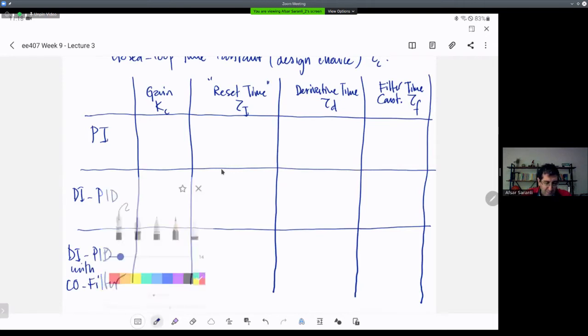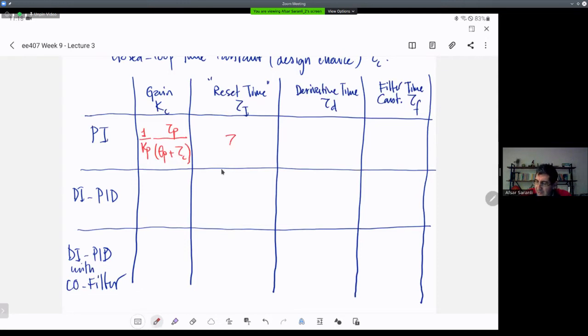So in the case of PI, we will have 1 over Kp times tau P over theta P plus tau C as your gain, and you will get tau P as your integral time constant. You don't have anything for the other two. Then we have 1 over Kp.